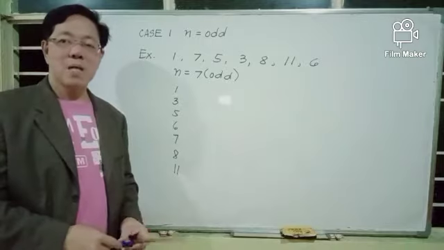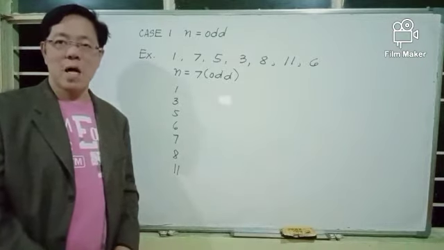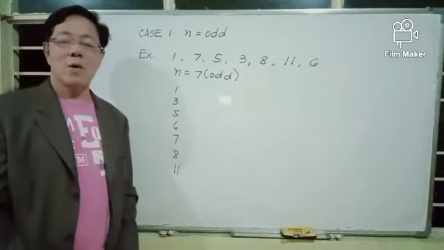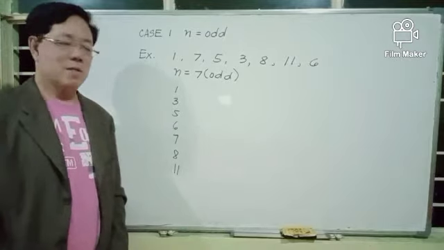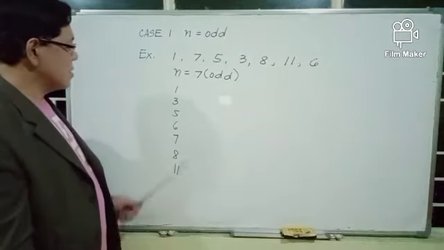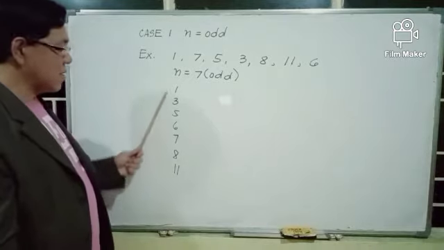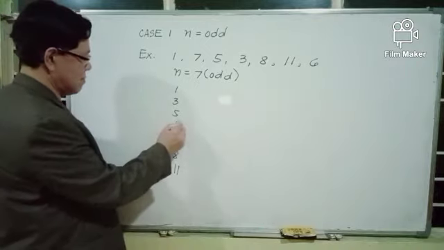If the number of values in the given set of data is odd, when you arrange the scores in ascending order or descending order, you will find exactly one value at the center. And here the number exactly at the center of this arranged set of data is 6.